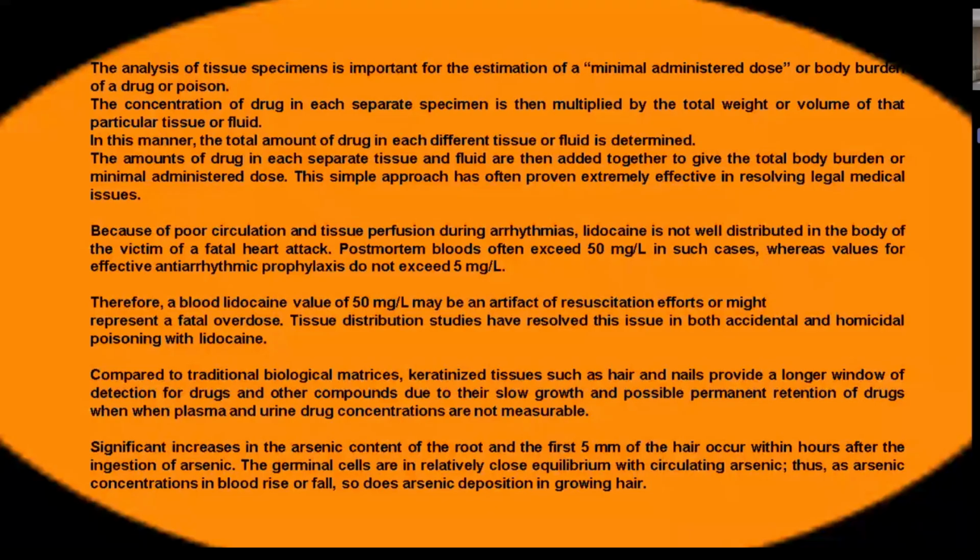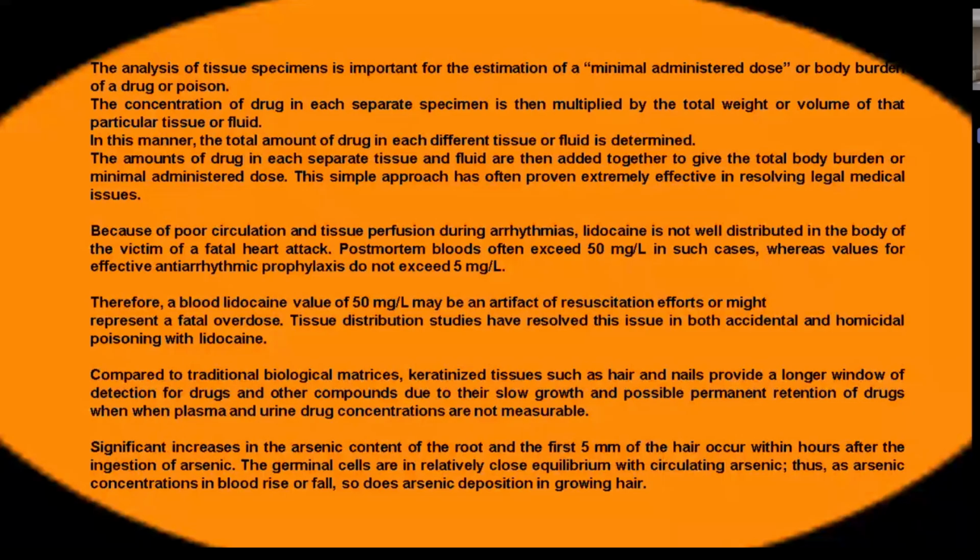Many times in case of arrhythmias, there is poor circulation and poor tissue perfusion. So lidocaine, which is also an antiarrhythmic drug, will not be well distributed in case of a fatal heart attack. So postmortem blood will have 50 mg per ml in such cases, whereas the value for an antiarrhythmic does not exceed 5 mg per ml. This difference occurs because the patient was suffering from arrhythmia itself; the heartbeat was not proper.